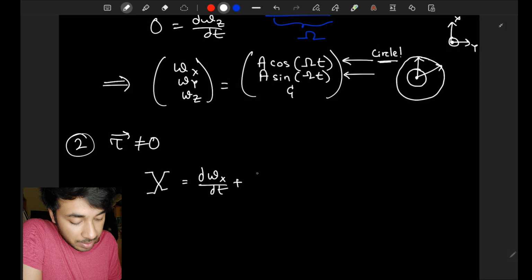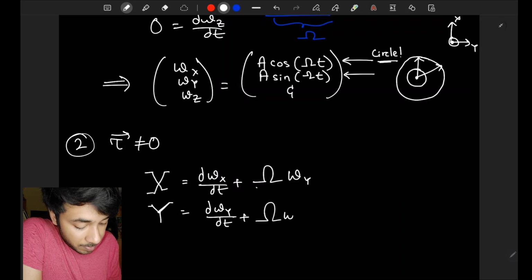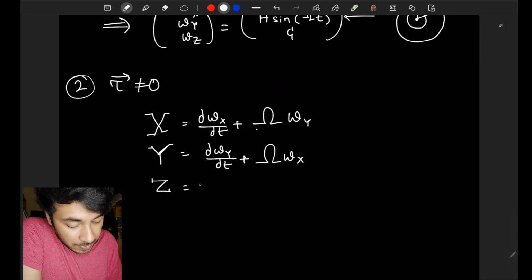So you have d omega x dt plus, I'll just not write the whole thing again, I'll just write the bigger omega, smaller omega y, and then you have d omega y dt plus bigger omega x, and then you have also the z is equal to d omega z dt.